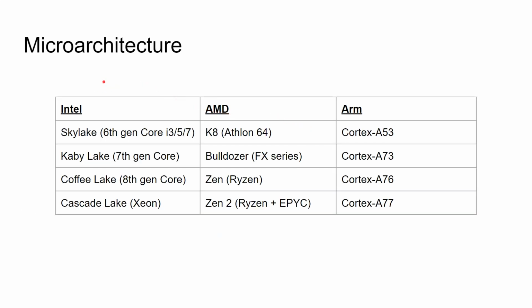So starting at the microarchitecture, if you look at, let's say, Intel, for example, here are some code names that you may know: Skylake, Kaby Lake, Coffee Lake. These are the different generations of the processor. So Skylake was the 6th generation i3, i5, i7, Kaby Lake was the 7th generation, and so on. Now, each of these chips has the same ISA.